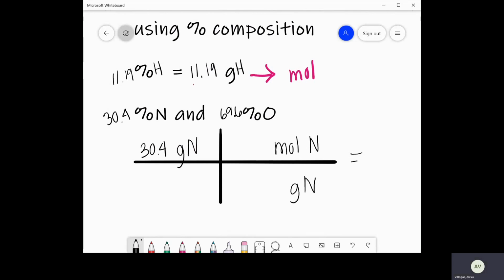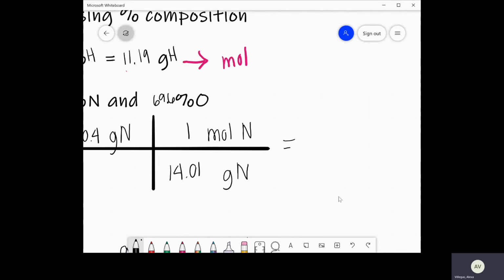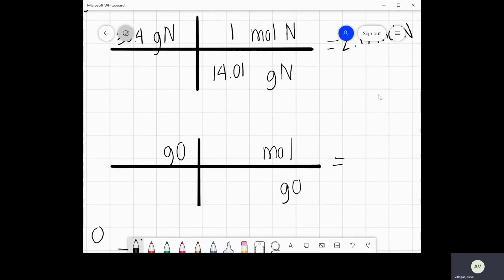I have 30.4 grams of nitrogen, and I know that 14.01 grams are in 1 mole of nitrogen. And once I convert that over, this will give you 2.17 moles of nitrogen.